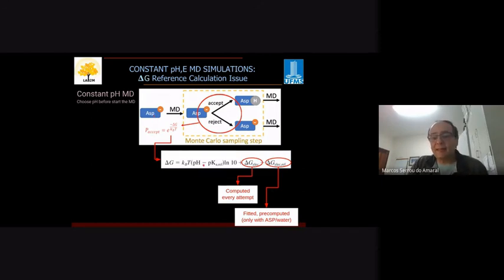When the pH is the same as the pKa, during the simulation the aspartic acid will be half of the time deprotonated, without the proton, and half of the time protonated.